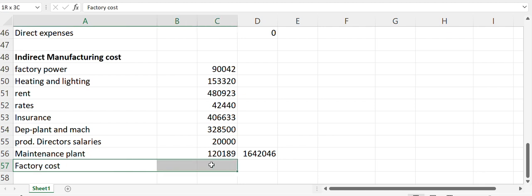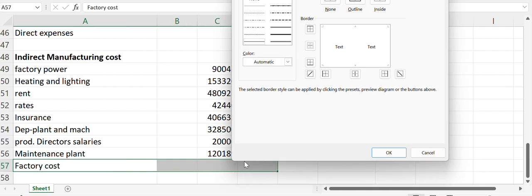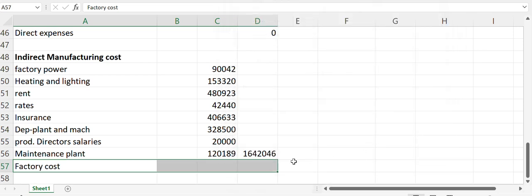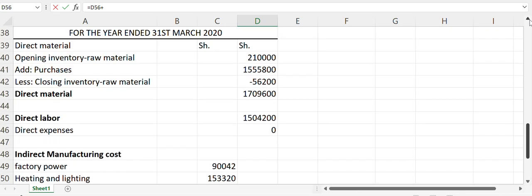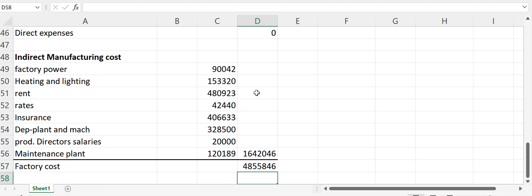Factory cost, let me put a line here. And to that you add direct material, direct labor, direct expense, and indirect. You add all of them.